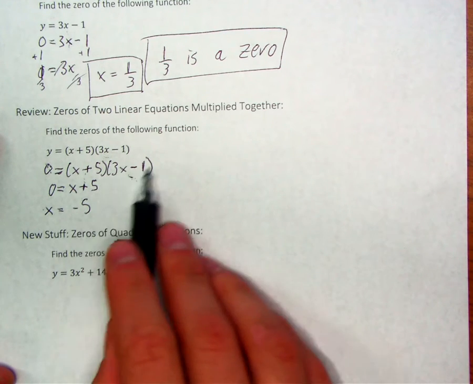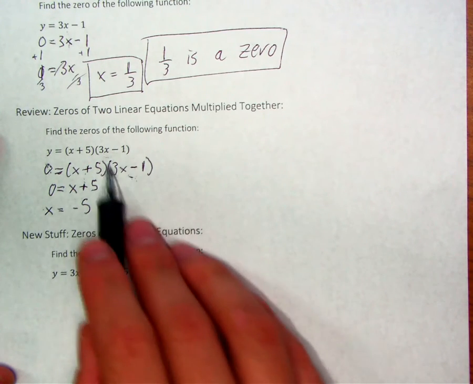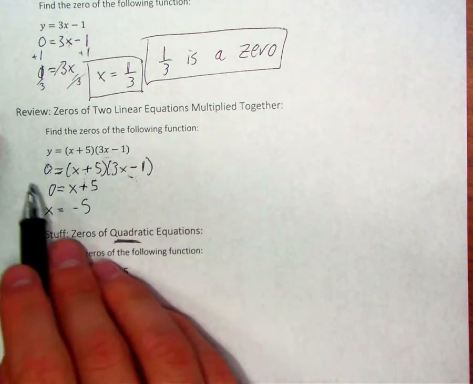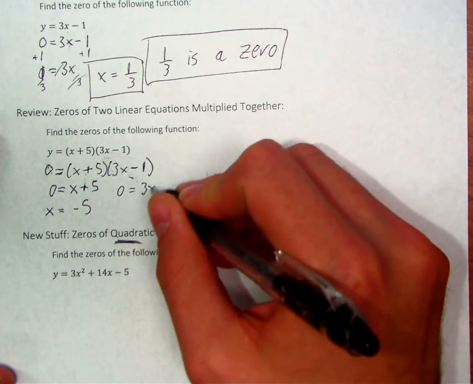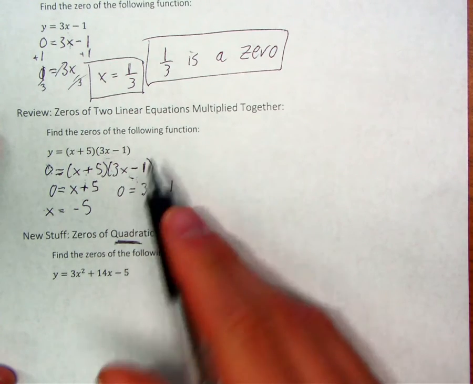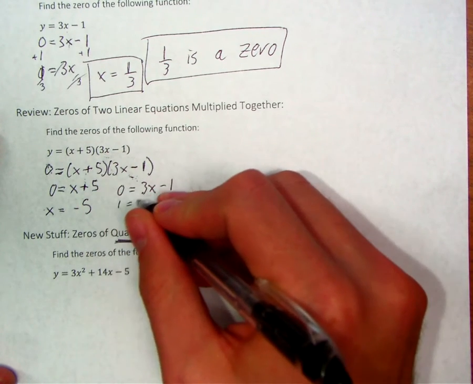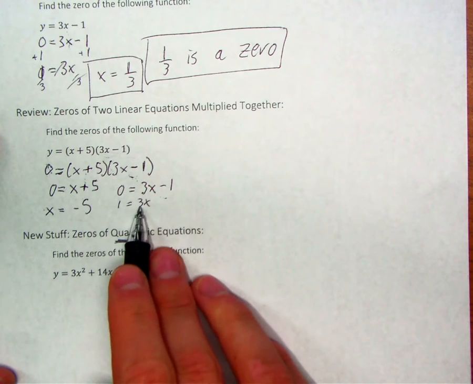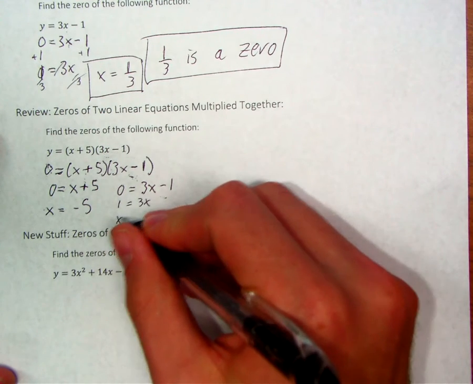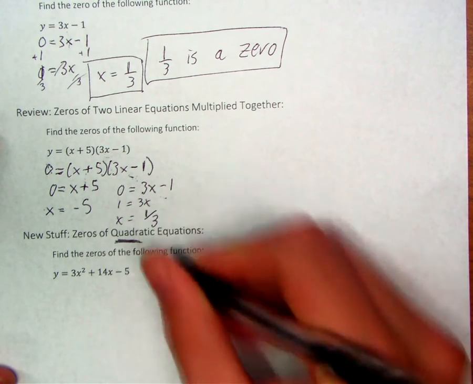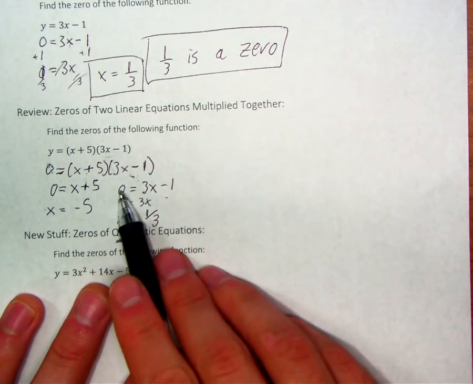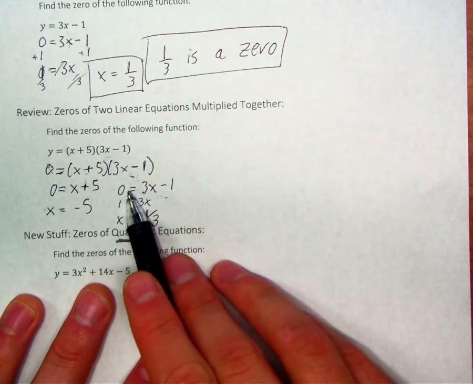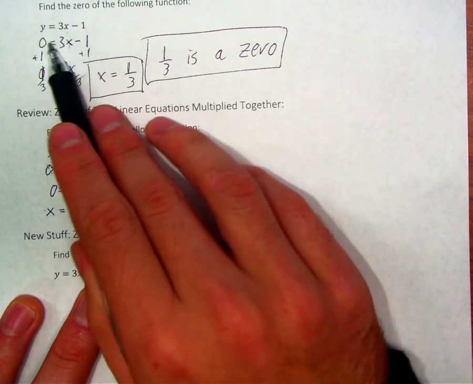All right, well, what happens if I try to make the second parentheses equal to 0? That will also give 0 as an answer. But what x value does it lead to? Well, I could add 1 to both sides, divide both sides by 3, and I get x is equal to 1/3. And actually, if you were paying close attention, you'll notice that this equation right here is the exact same as the one that I solved up here.